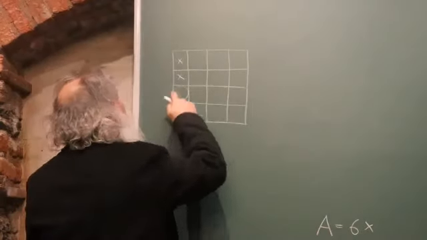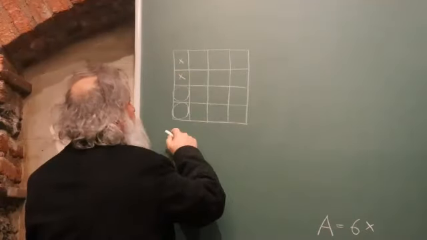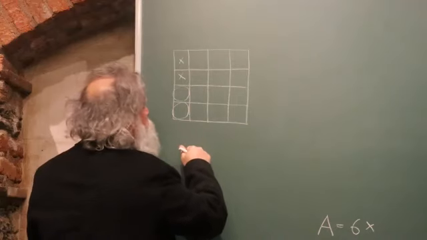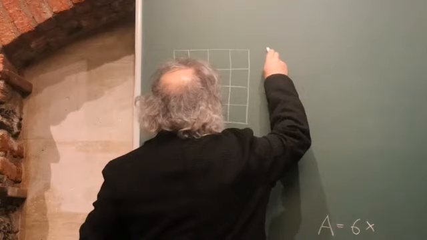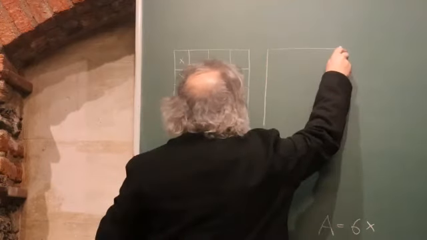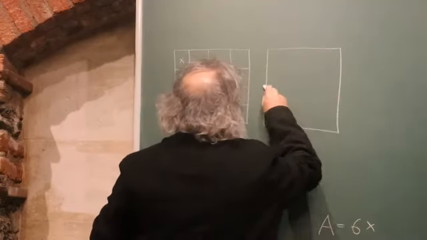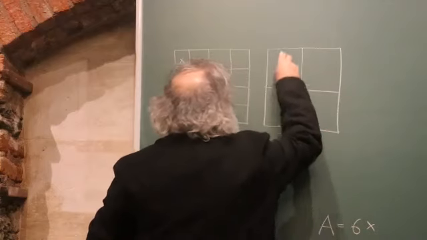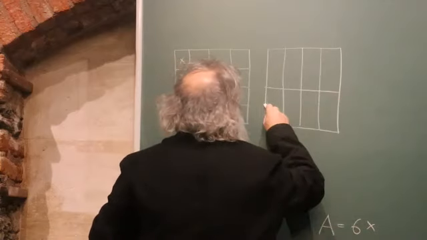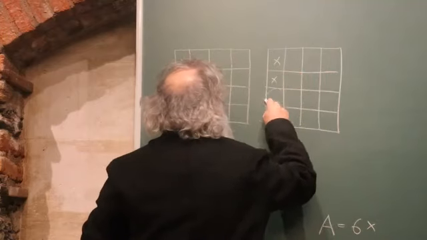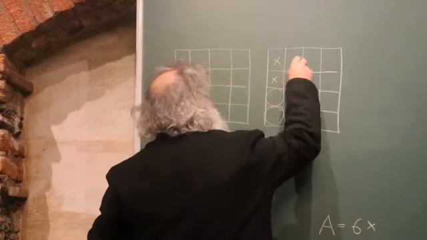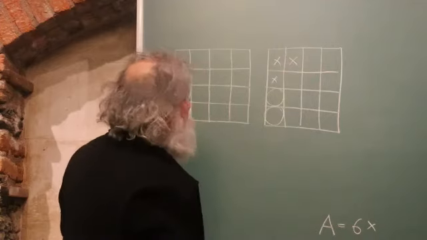I have 1 painted. I have to have 2 more. What can I do? I can have this one painted, colored.